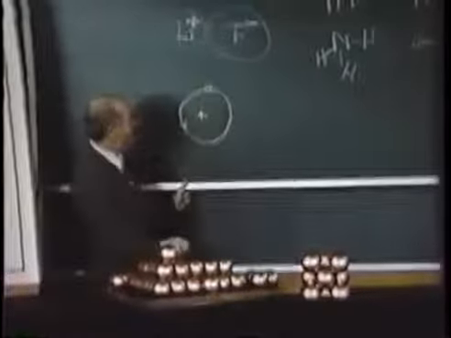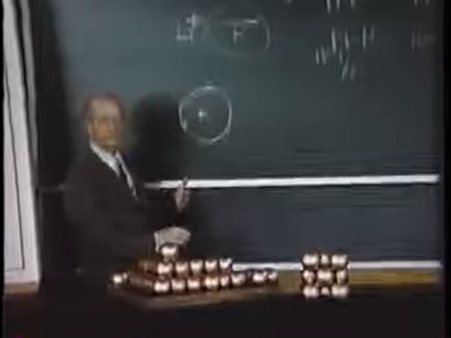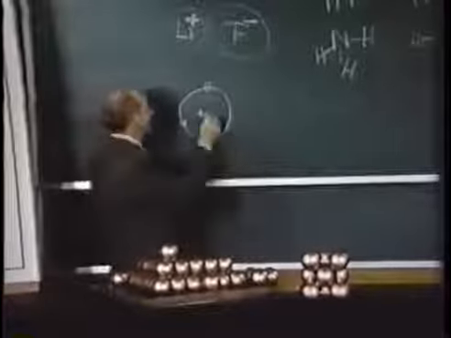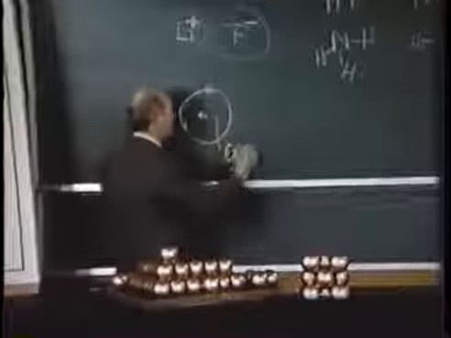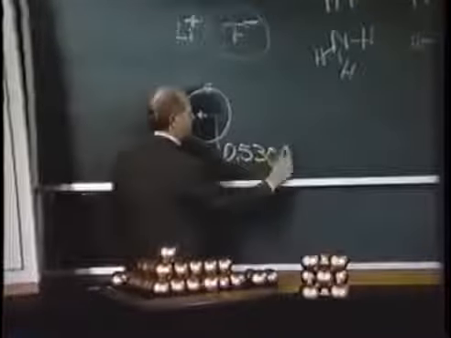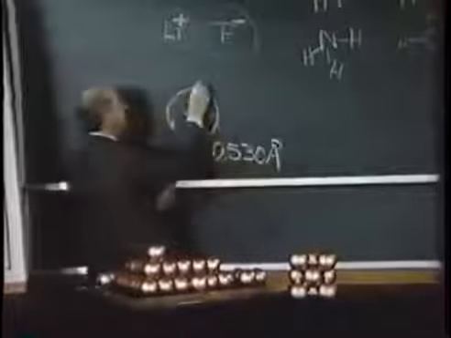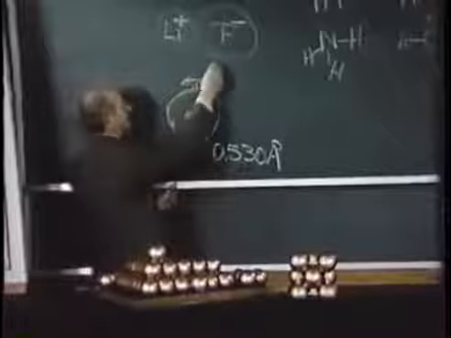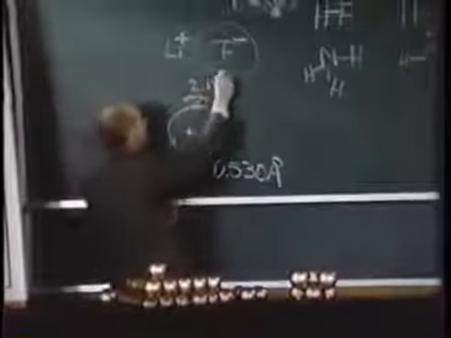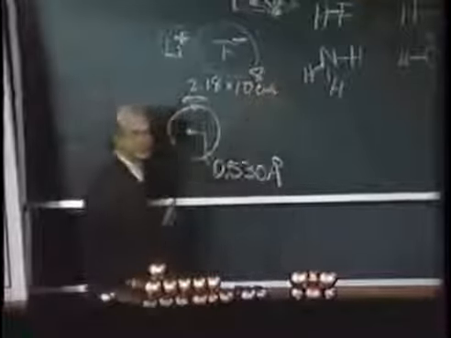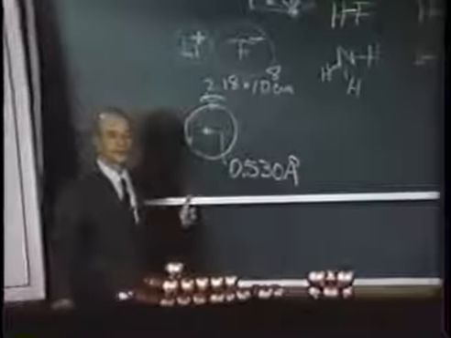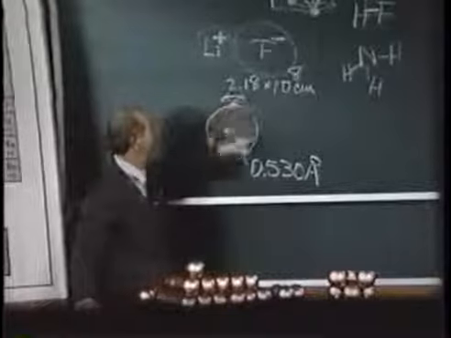The radius of the circular orbit was given by his calculations as 0.530 angstrom, and the speed with which it moves in its orbit as 2.18 times 10 to the 8 centimeters per second. That is a little less, 2/3 of 1% of the speed of light.